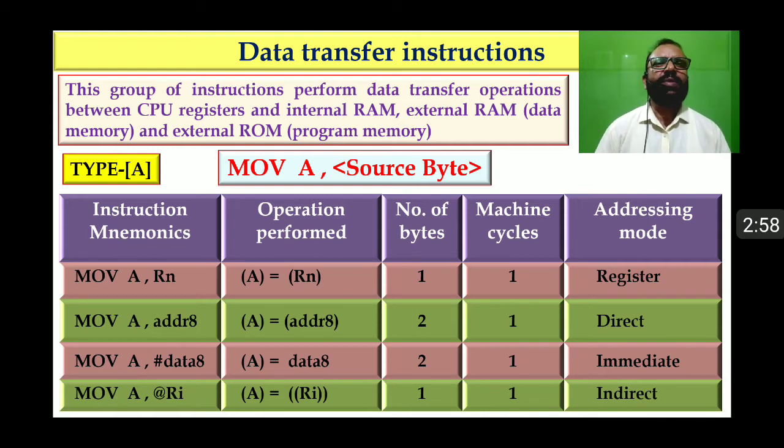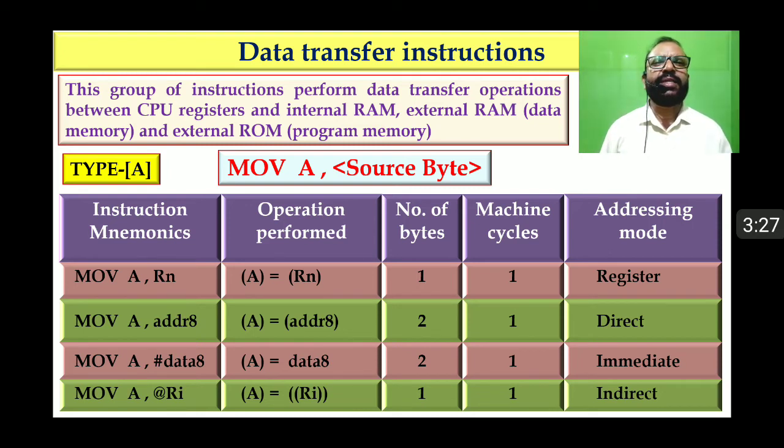This instruction requires 2 bytes and 2 machine cycles. The addressing mode is direct addressing mode, because the address of the data to be copied into the accumulator is directly specified in the second byte of the instruction.